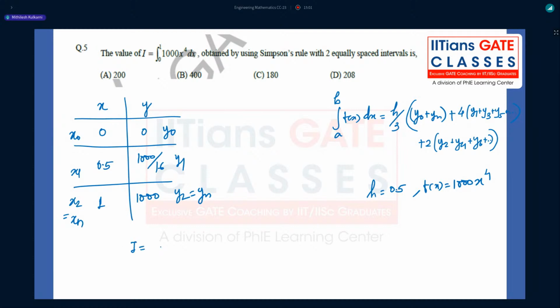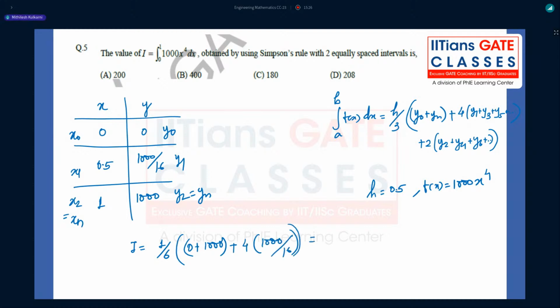Now applying Simpson's 1/3 rule, the integral is equal to h by 3, where h is 0.5, which means 1 by 2. 1 by 2 divided by 3 is 1 by 6. y0 is 0, yn is 1000, plus 4 times y1, and the y1 value here is 1000 divided by 16.